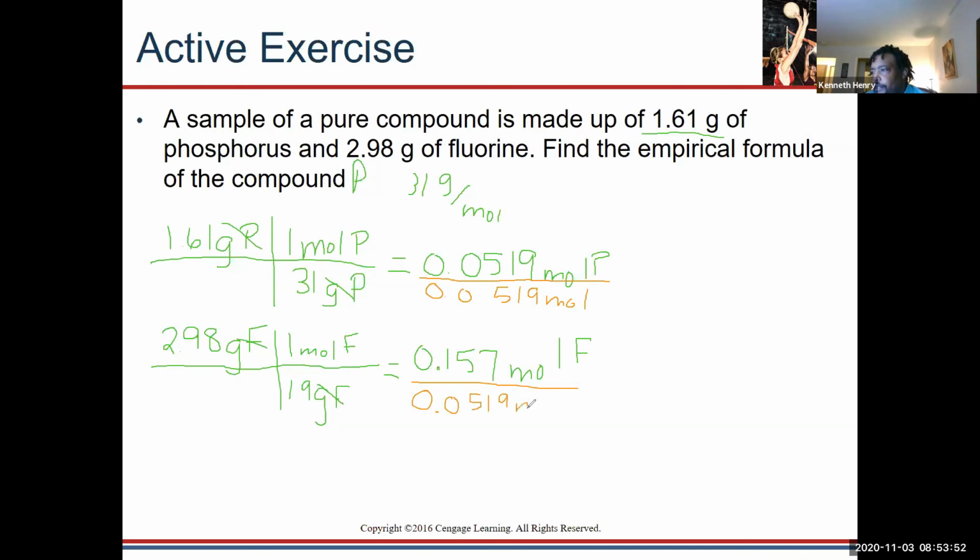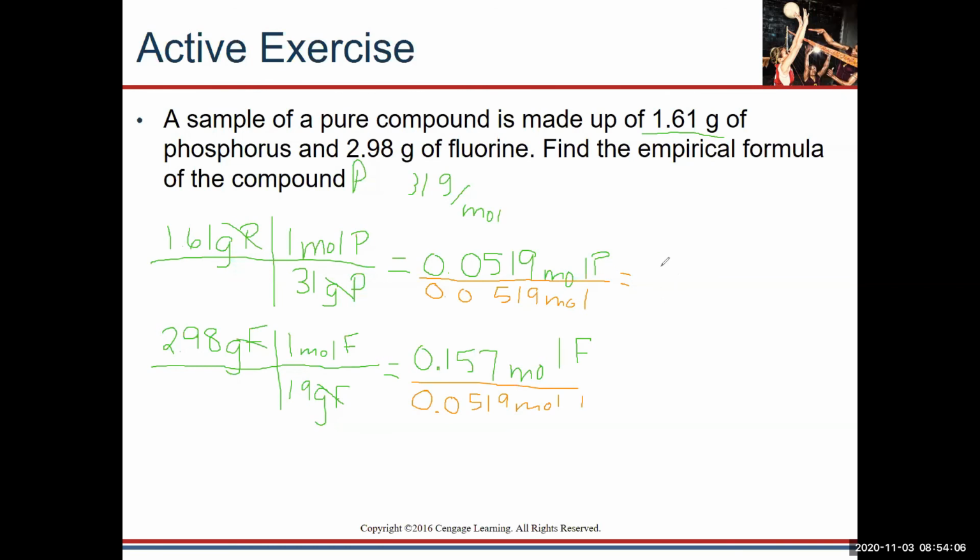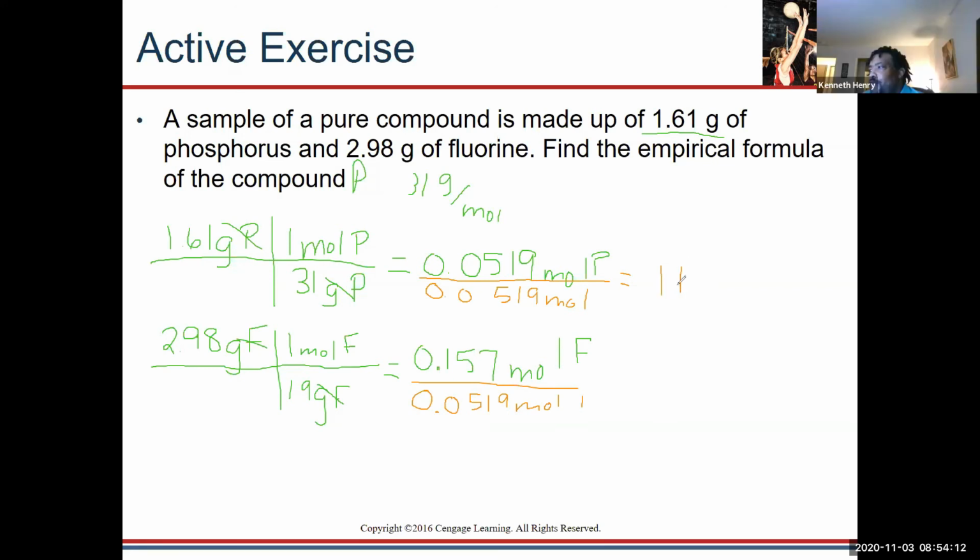Okay, so who's going to do that hard math for me? 0.0519 moles divided by 0.0519 moles. One. Okay, so that means we have 1 P. Now, 0.157 divided by 0.0519.